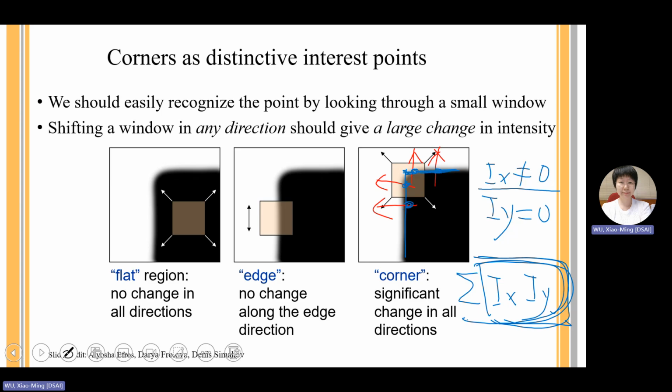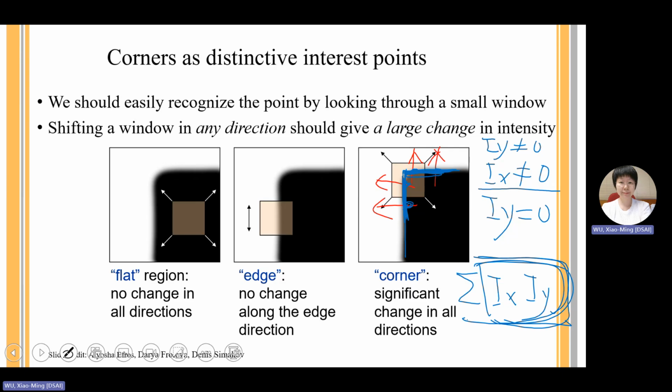For example, consider these points. Their y derivatives are non-zero, but they have 0 x derivative. For these points, their x derivatives are non-zero, but their y derivatives are 0.